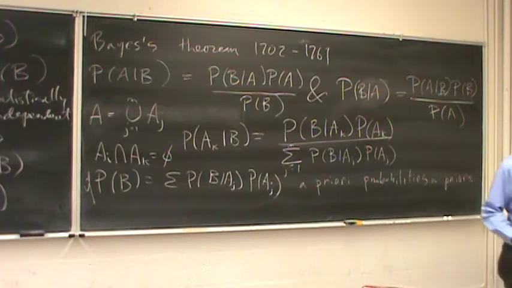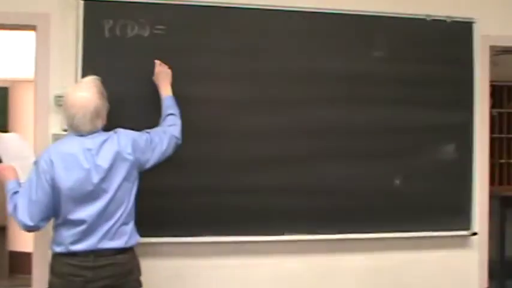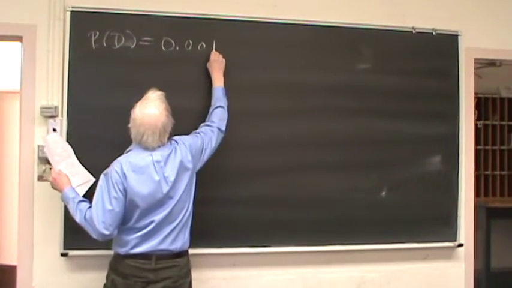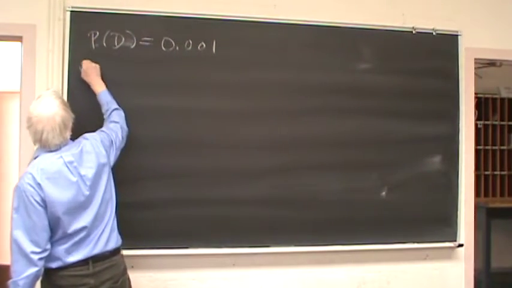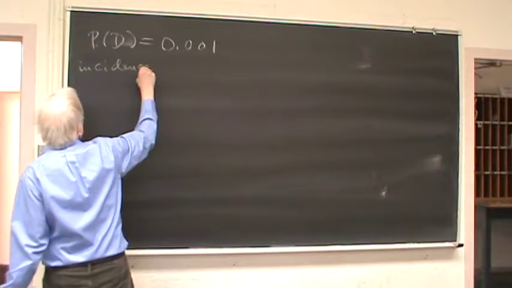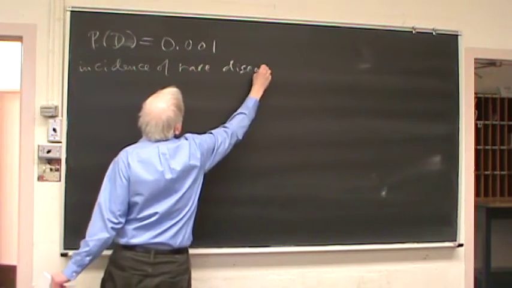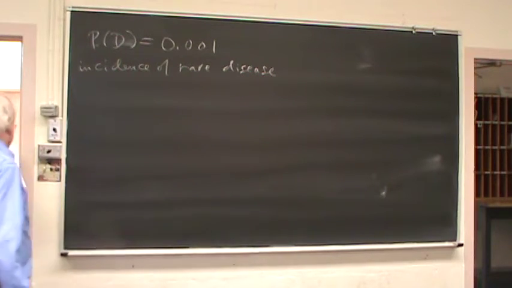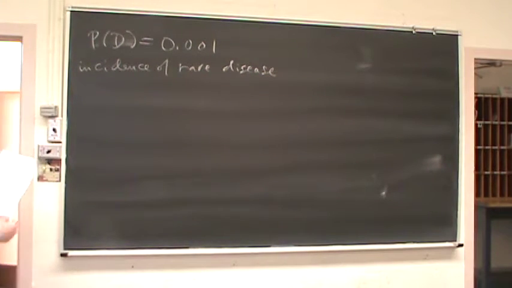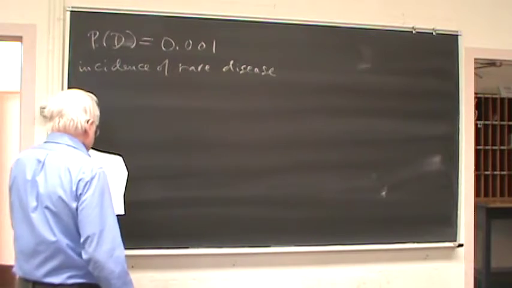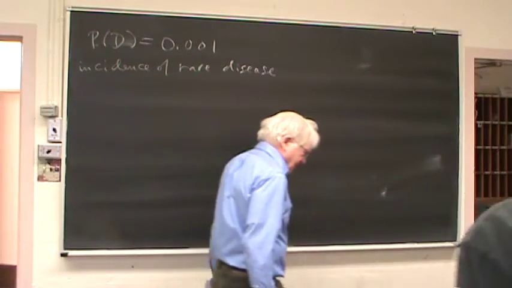So let me apply this formula then to what's called the low base rate problem. So suppose you have an incidence of a disease, in other words, this is a rare disease. And suppose, on the other hand, that we have a test for the disease that's really good.